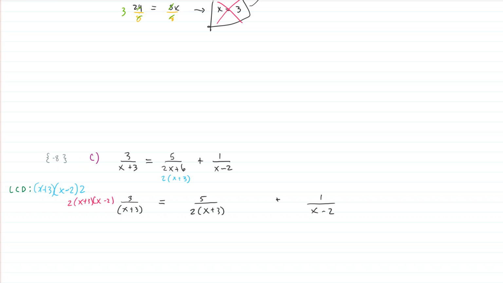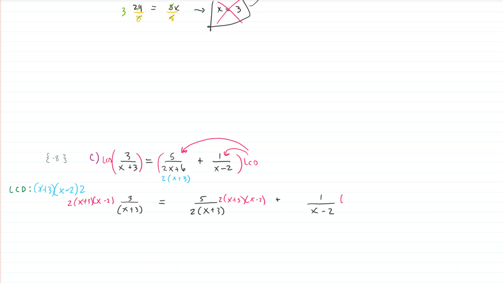Let's multiply it through the first term on the right. In other words, I've taken this and I've multiplied both sides by the LCD. And then I'm just distributing it through each of them. So I have 2 times x plus 3 times x minus 2.